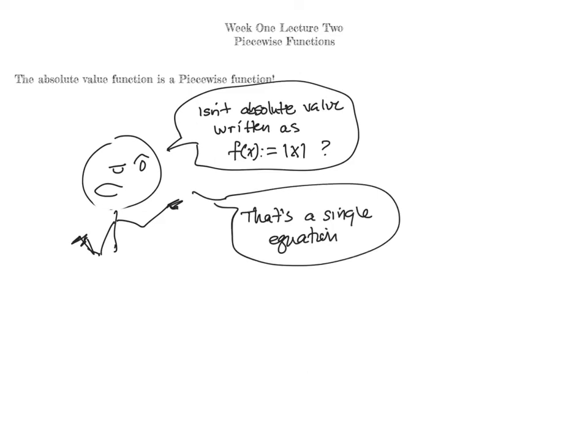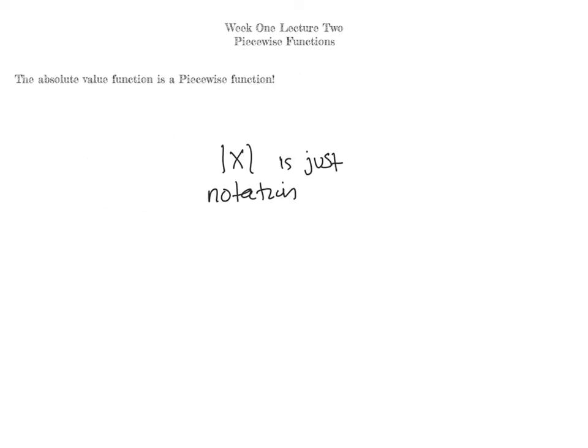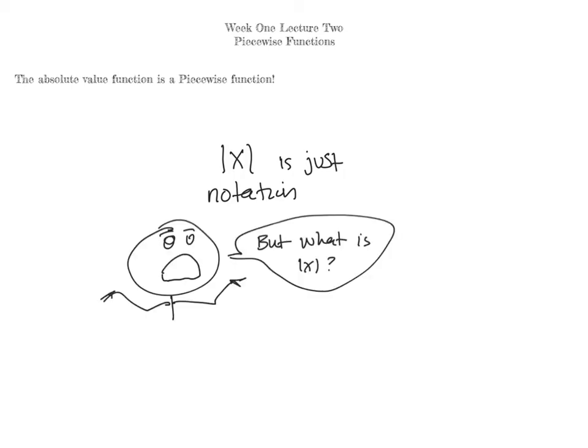That's a single equation. The problem is that this is just notation. It is a special naming of the absolute value function. But one could rightly ask, how is this notation defined? The notation by itself doesn't actually reveal what happens to x in terms of algebraic operations. Let's see if we can work it out.